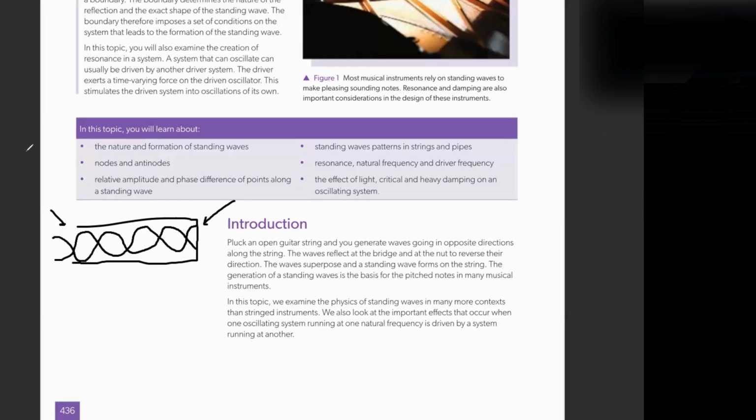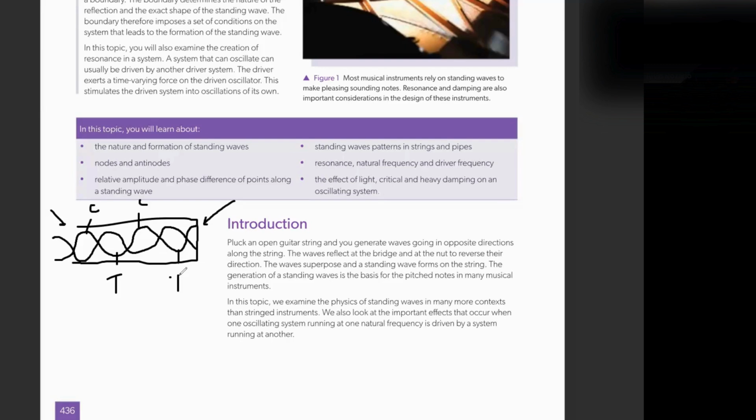Now you see this is the crest of the incoming wave. Remember, there are two waves in this formation. One is the incoming wave, which is the actual wave, and the other one is the reflected wave, which is getting reflected from the wooden end. So I will probably use a different color code. For the incoming wave, this is the crest, this is the trough, this is the crest, this is the trough.